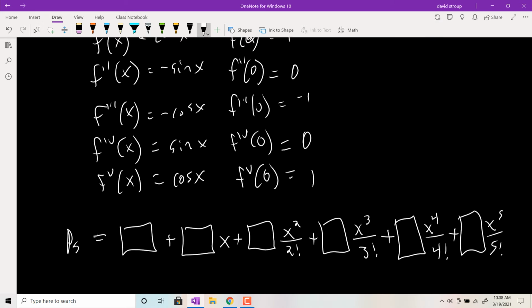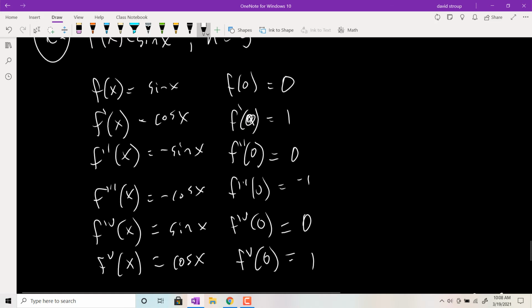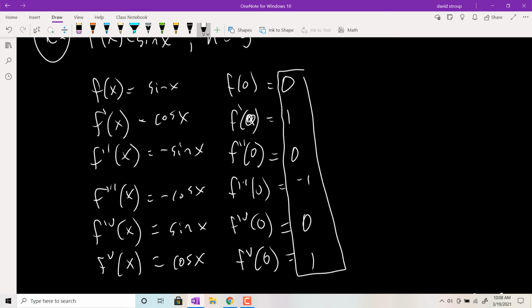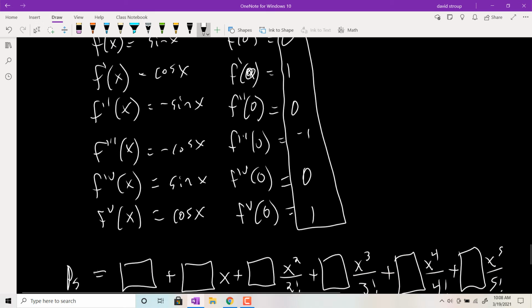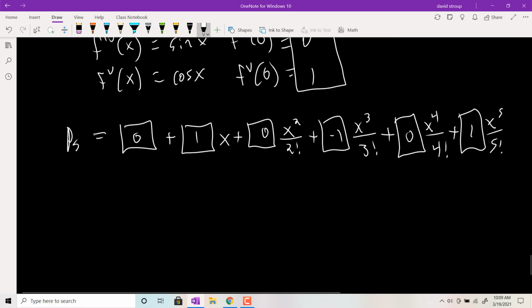Okay, so what do we have? We're just copying and pasting this into those boxes. So 0, 1, 0, 0, 1, 0, negative 1, 0, 1. And then we can simplify it.